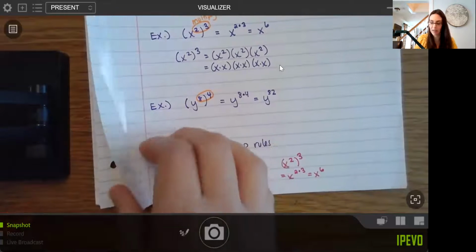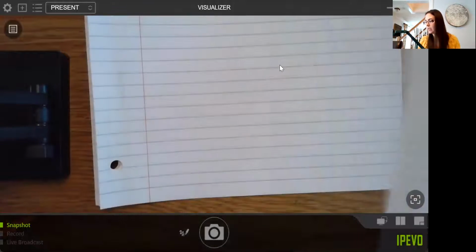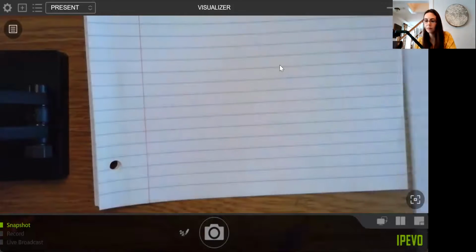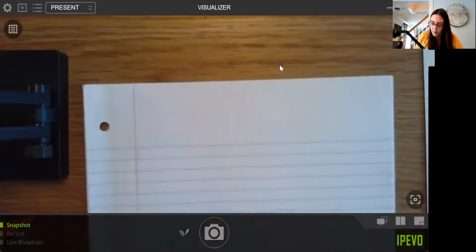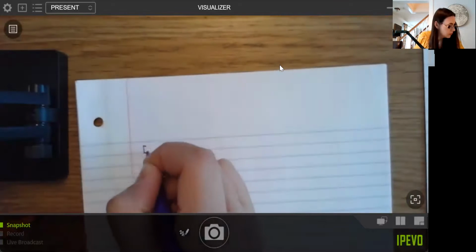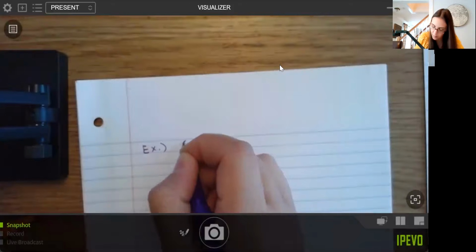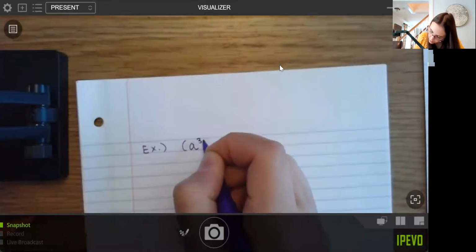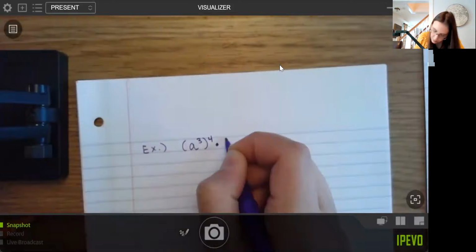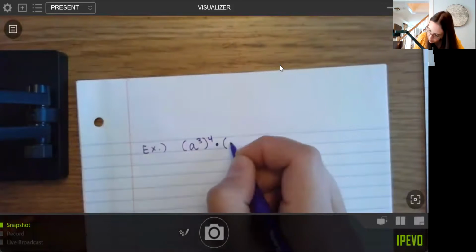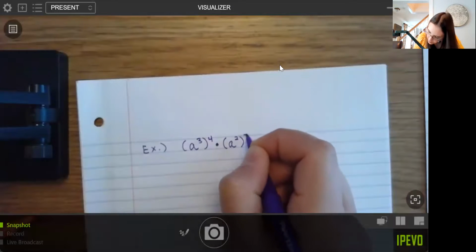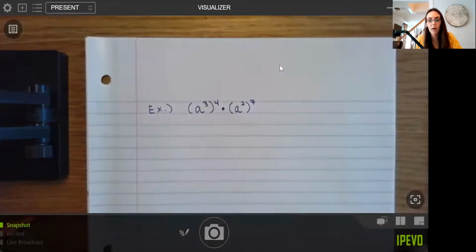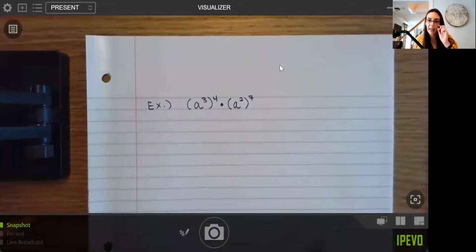So let's do an example that's a little bit harder. All right, so here is a little bit more complicated. I have a to the third to the fourth power times a to the second to the seventh power.